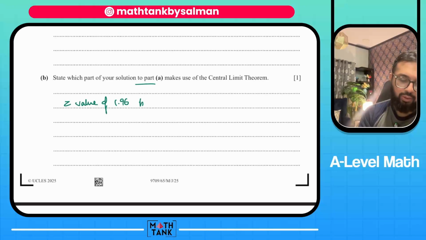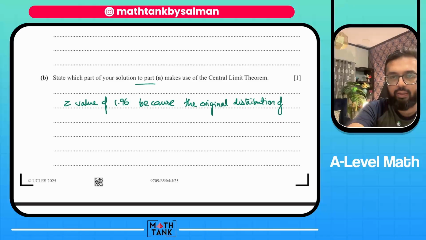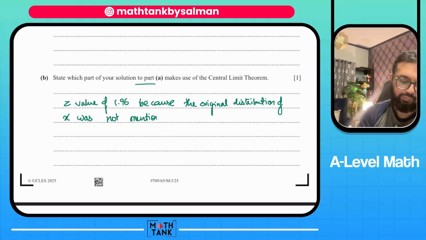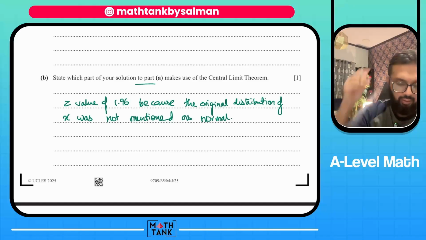Why? Because the original distribution of x was not mentioned as normal.